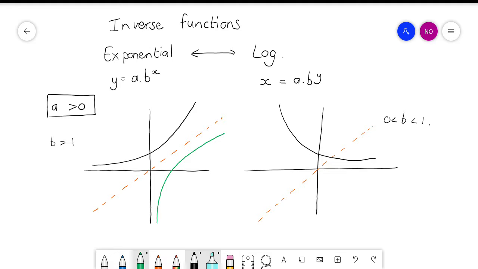Do you see, instead of having the asymptote on the x-axis, like the exponential graph, it now has the y-axis as an asymptote. Why? Because x and y swaps around. So as die x-as die asymptoot is van die eksponensiële grafiek, dan beteken dit die y-as is nou die asymptoot van die log funksie. And this green one that I drew there, that is a graph of a log function.